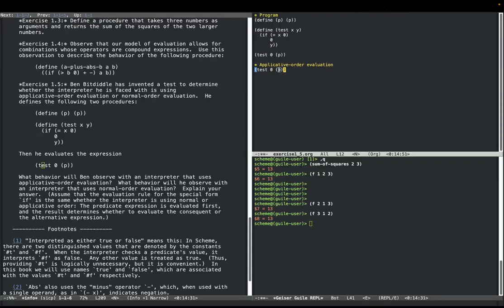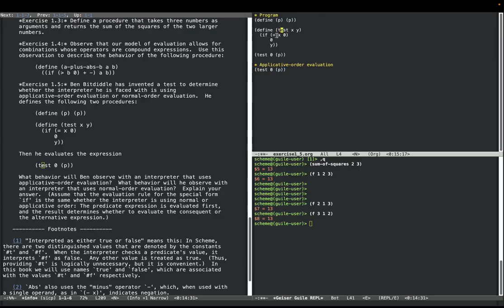Okay, let's see here. So first we want to evaluate the value of... evaluating what? P, okay. And P is like an infinite loop, it seems like. So if this is applicative order, this is just going to get stuck in the loop, right? I see what he wants to try now, I think.